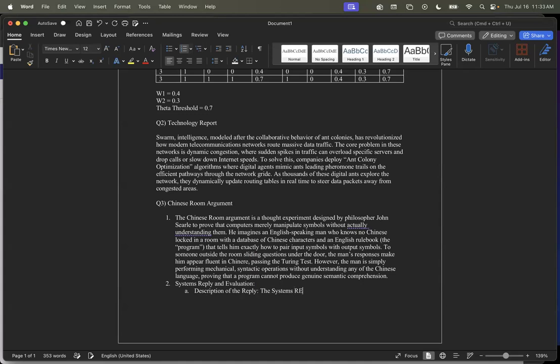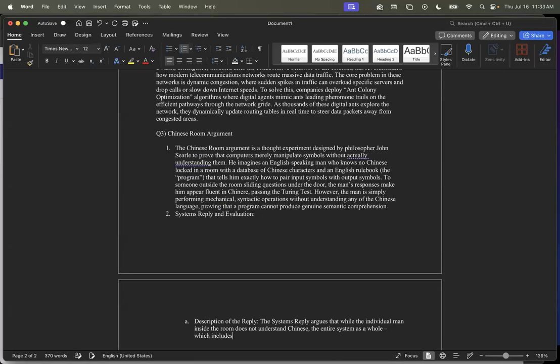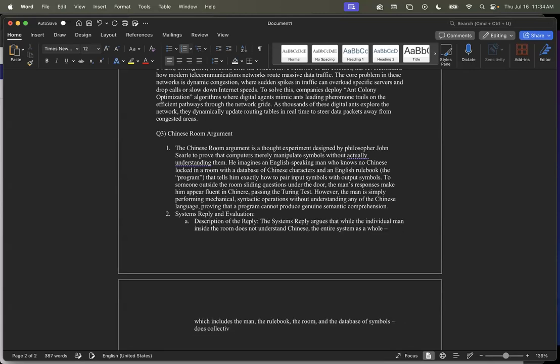The systems reply argues that while the individual man inside the room does not understand Chinese, the entire system as a whole, which includes the man, the rule book, the room, and the database of symbols, does collectively understand the language.